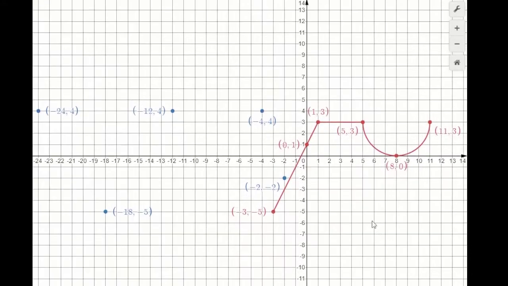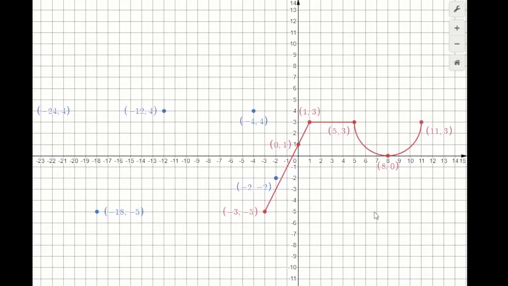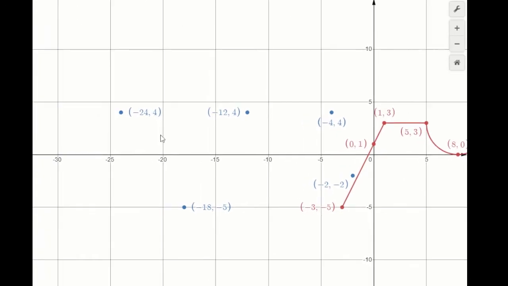We've had 1, 2, 3, 4, 5, and 6 points, and right now the graph shows 1, 2, 3, 4, and 5 points, and one point is almost lost. So I'm going to have to zoom out even a little further.